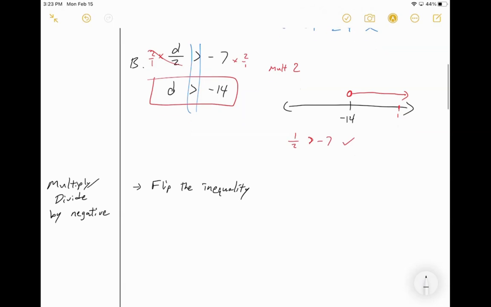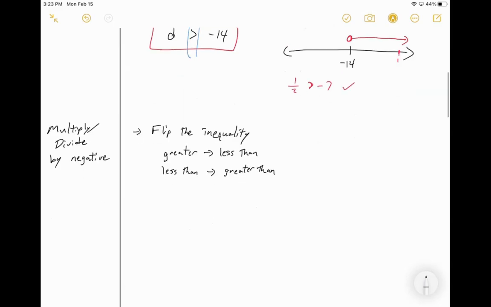What do I mean by flip the inequality? That means that greater than or greater than or equal to becomes less than, and less than becomes greater than or equal to. So greater switches to less. You literally flip over the inequality. We're going to do some examples with that real quick here.